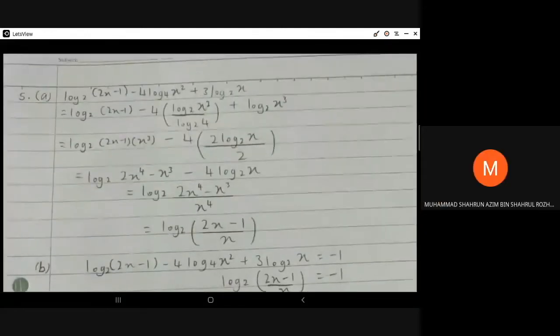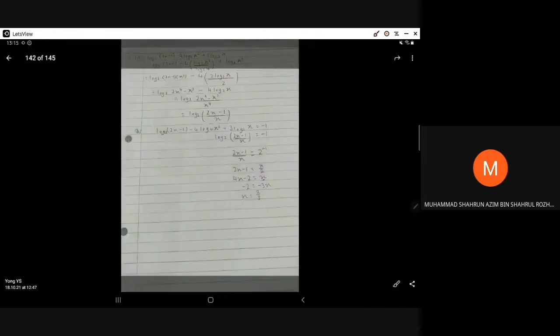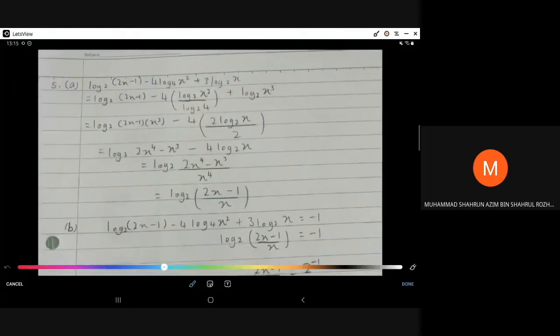For 5a, the first step we do, we change the log 4 to log 2. And then since there is log 2 x cubed and log 2 of 2x minus 1, they add, so we can multiply the x cubed in. After multiplying, it becomes log 2 of (2x^4 minus x cubed) over x to the power of 4.